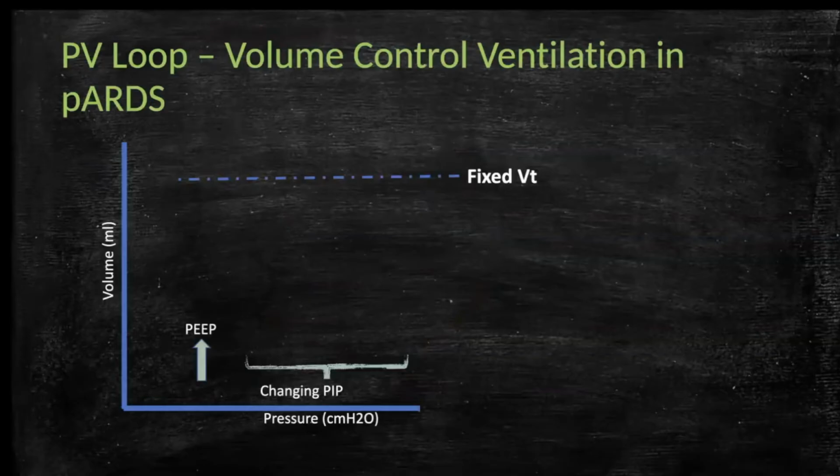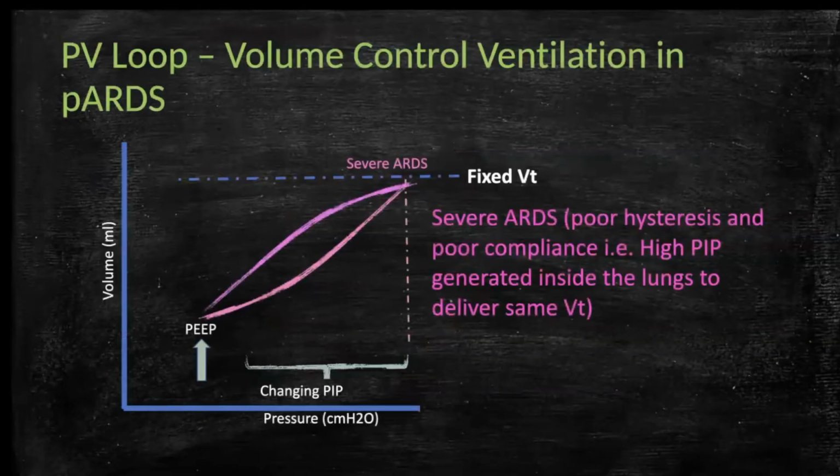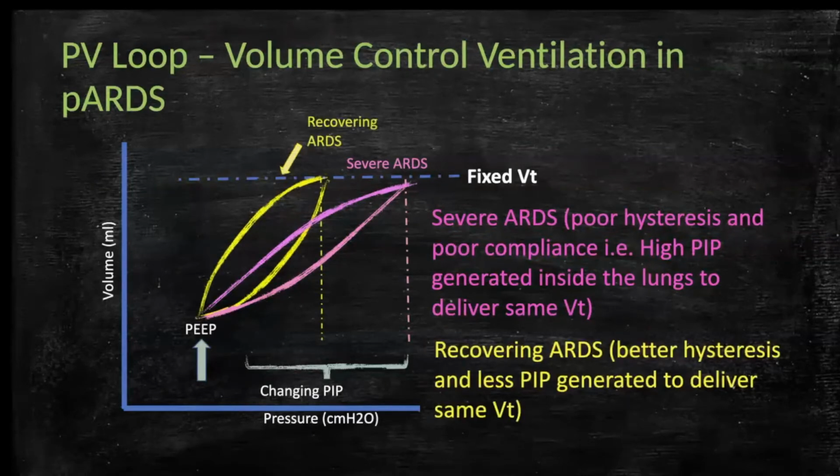So this is volume control mode, and in volume control mode, you have a poor lung compliance in severe ARDS, and you can see the PIP keeps changing. As the compliance is improving, you will see the PIP is reducing, or plateau pressure is also reducing, and the angle, which was more towards the x-axis, is becoming more away from the x-axis now.